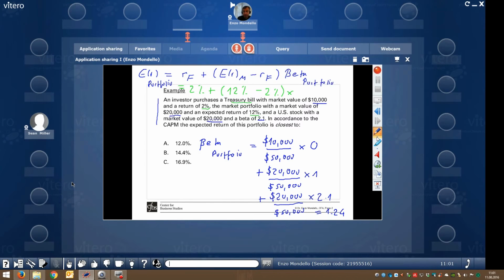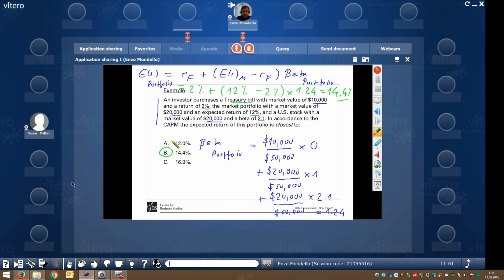The 1.24 portfolio beta is included above in the equation to calculate the expected return of the portfolio. So include here 1.24 in the equation, and that gives then an expected portfolio return of 14.4%. So that means that the correct answer is answer B.